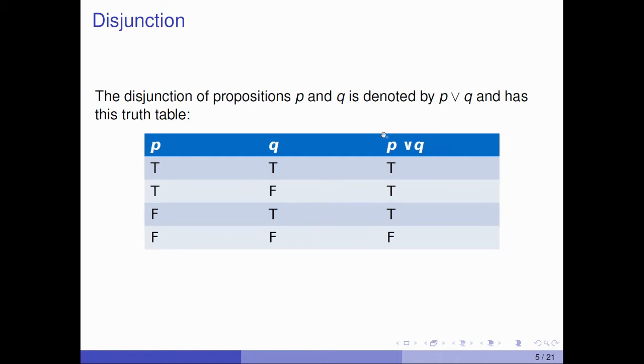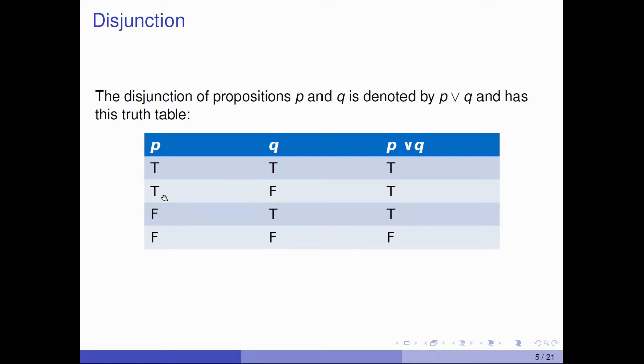Now, what's interesting is that the disjunction P or Q has this truth table given these conditions for P and Q. In the first row, if P is true and Q is true, then the disjunction P or Q is true. I have to be very careful with the words "and" and "or."